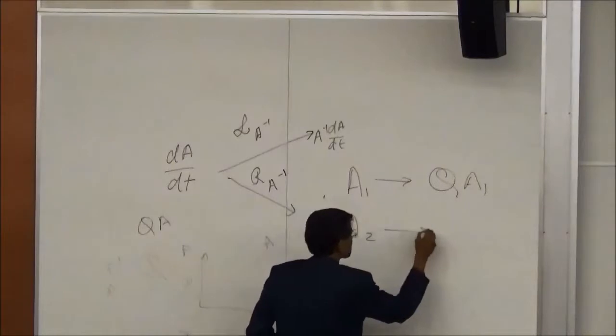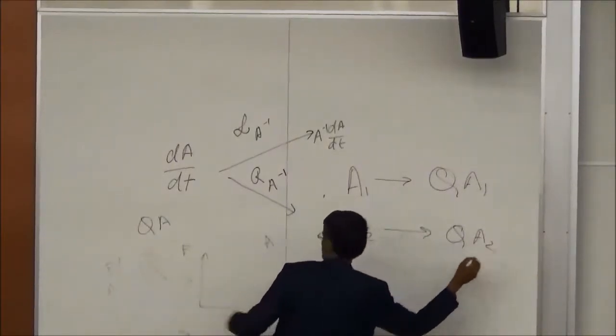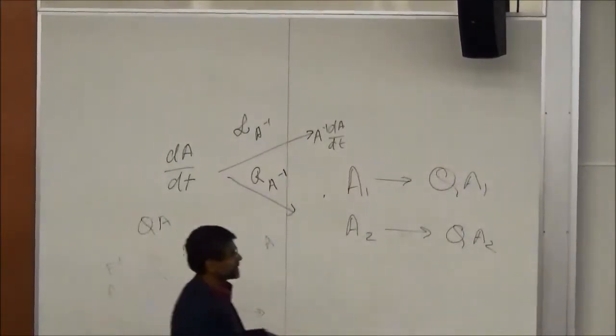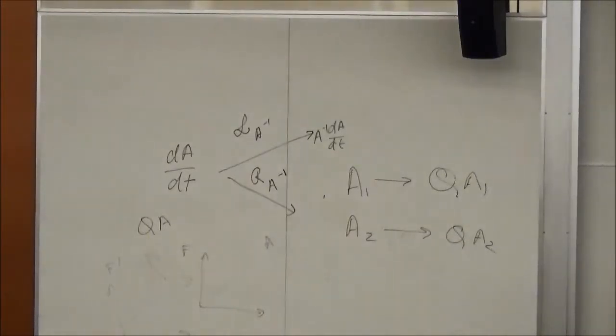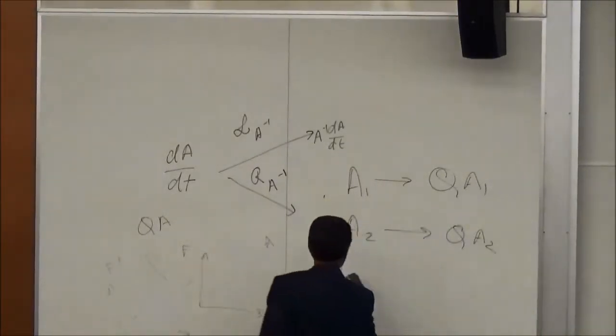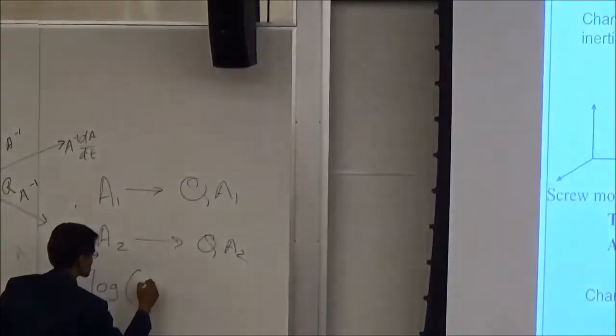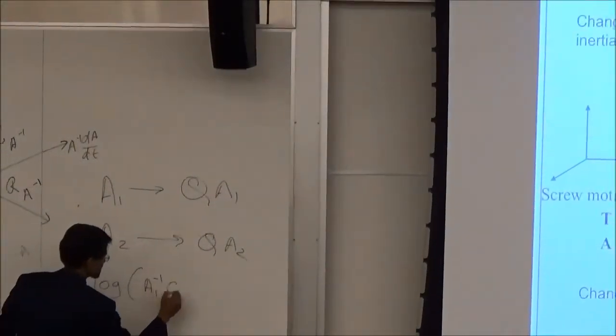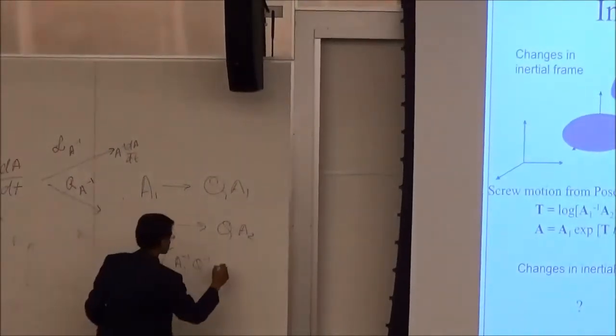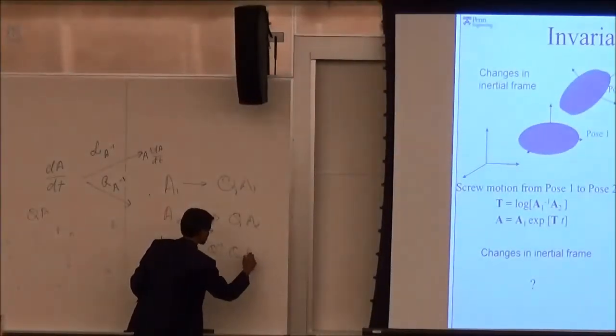A2 becomes Q times A2 because I've changed my inertial frame. If I go through this computation, the log of A1 inverse, which is just (QA1) inverse, becomes A1 inverse times Q inverse times QA2.